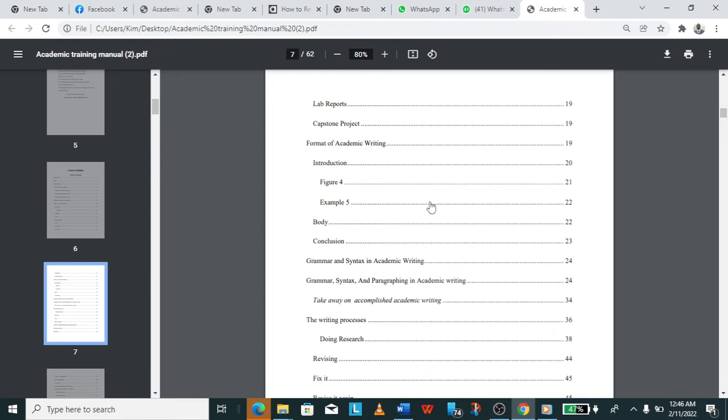And then there is the body. The body is whereby you explore the different ideas that are given in that essay. For example, if I go back to my original idea, job experience, now I need to give idea 1. Why is job experience important?